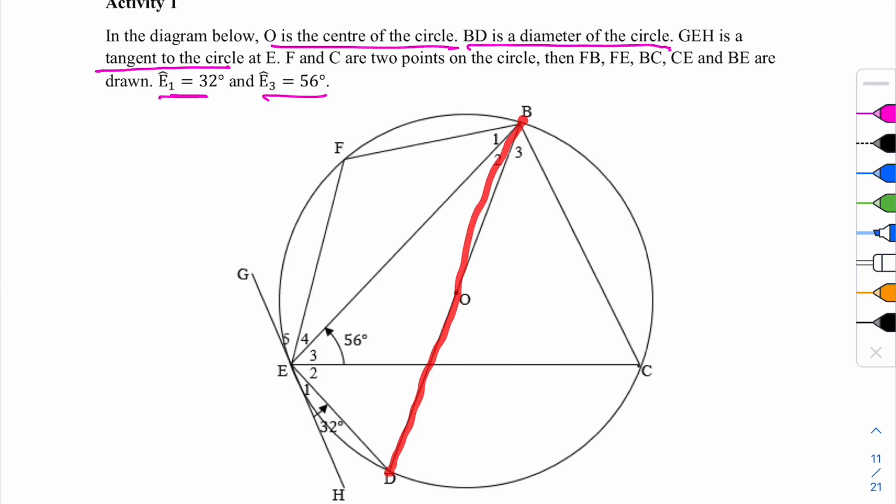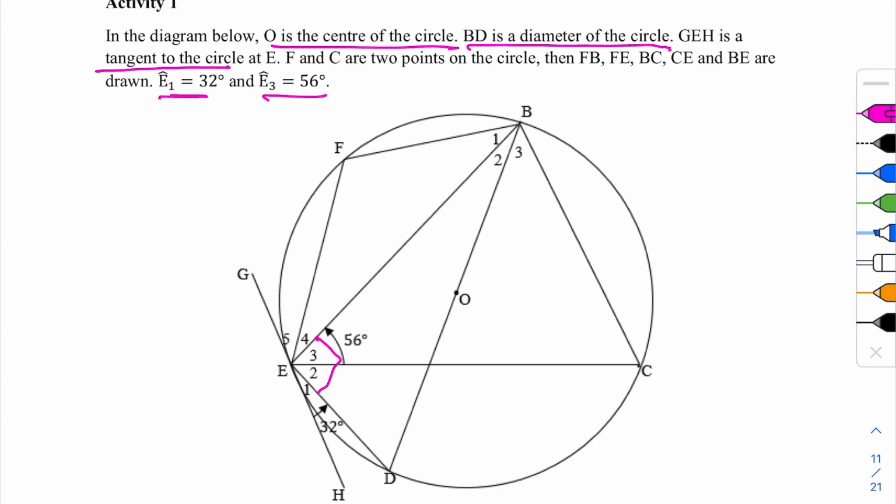This is our diameter. Then we look at the angle that is subtended by this diameter. So if I go this way and that way, you can see that E2 and E3 are subtended by the diameter. So that's the angle in the semicircle, which is 90 degrees.